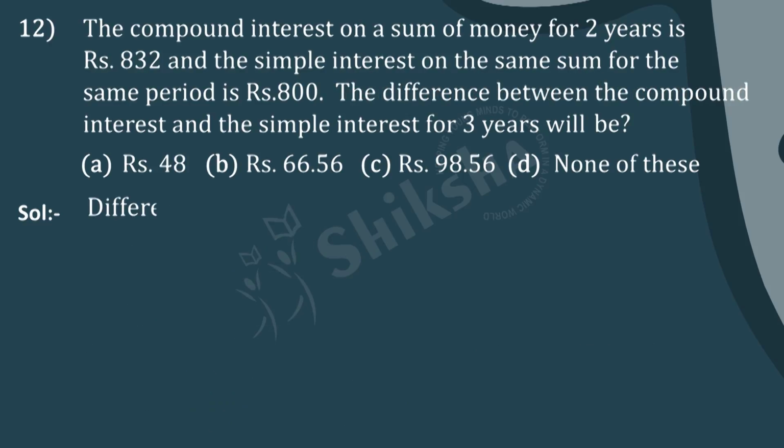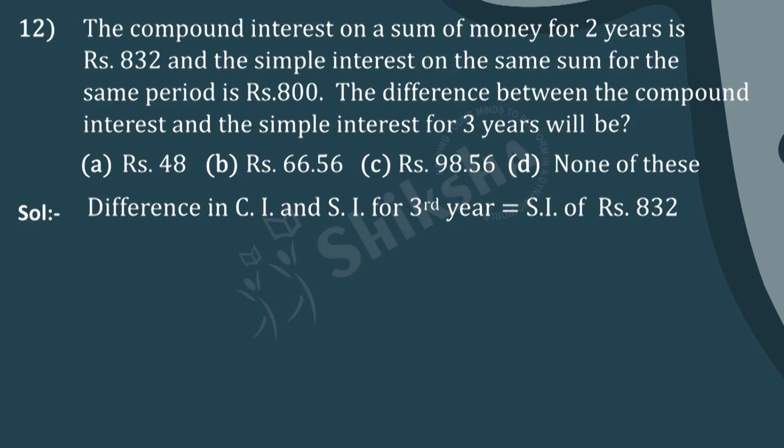Hence, the difference in compound interest and simple interest for the third year equals the simple interest on ₹832, which is 832 into 8 into 1 divided by 100. Solving this, we get ₹66.56.